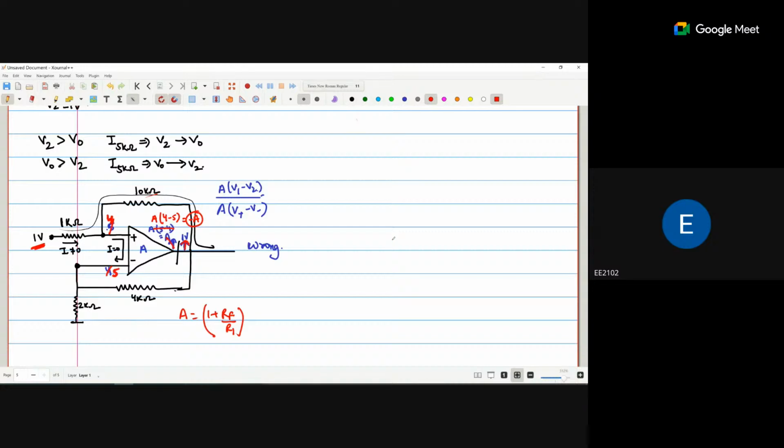In week 7, we discuss that this gain will be dependent on the frequency. If the frequency is changed, the gain also changes. Open loop gain also changes, and if open loop gain changes, closed loop gain also changes. So that is where the non-ideality comes in. In the ideal case, the operational amplifier gain is constant for all frequencies, either for the DC or the AC signal.